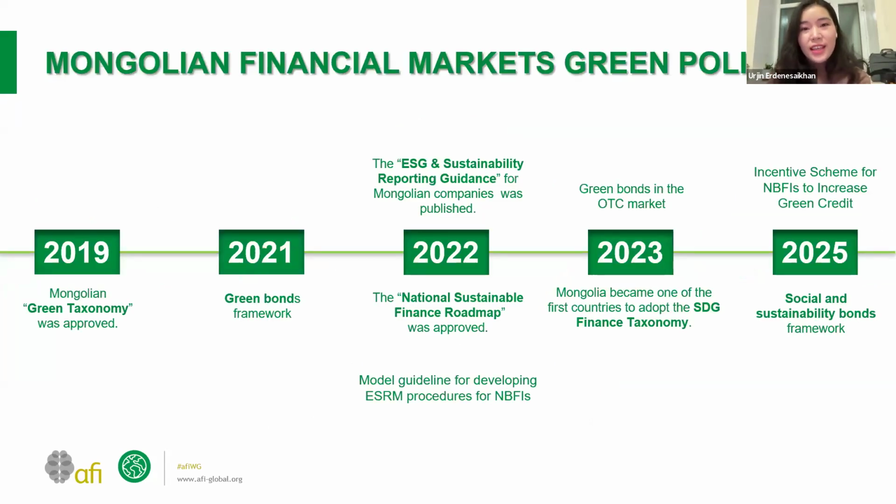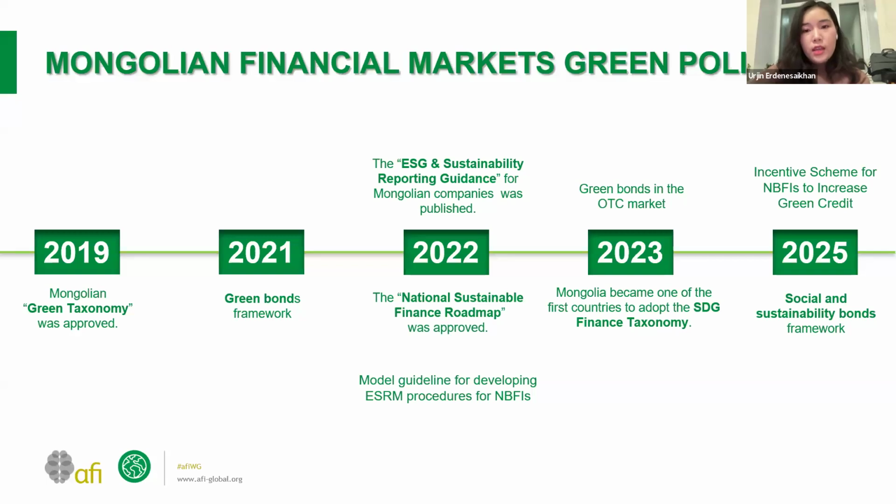We are implementing policy and regulatory measures in phases to transition to a green inclusive market. In 2019, the Financial Stability Board of Mongolia approved the green taxonomy, and our country became one of the first countries to adopt such a taxonomy. This was a big step in fighting greenwashing and directing more funding towards sustainable projects.